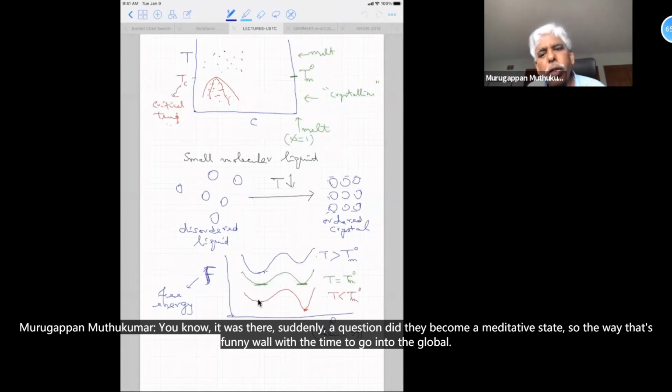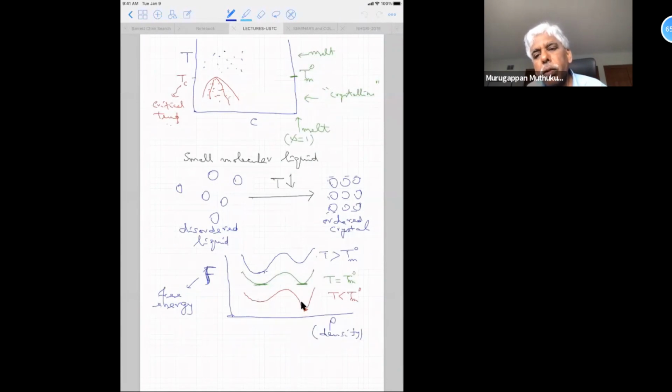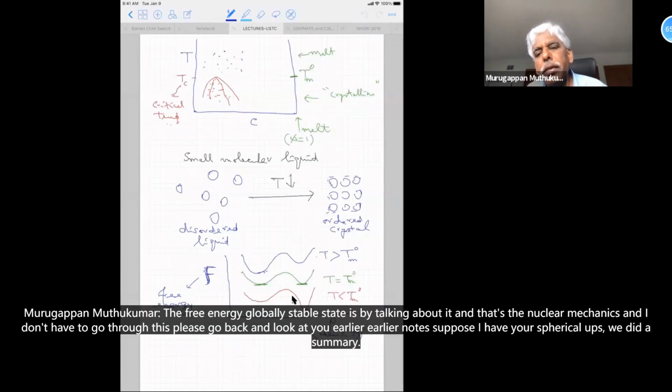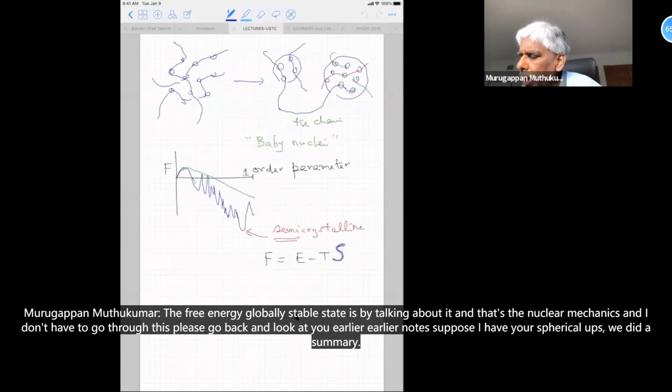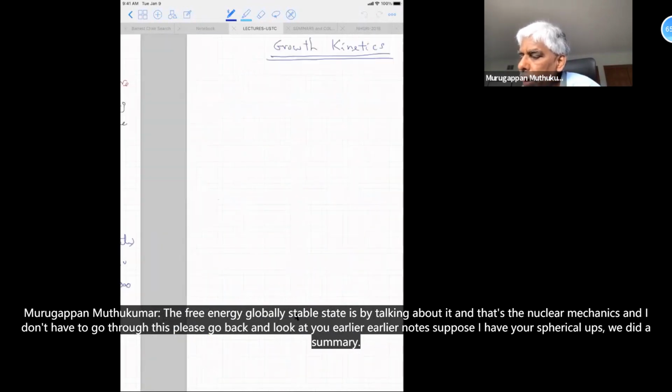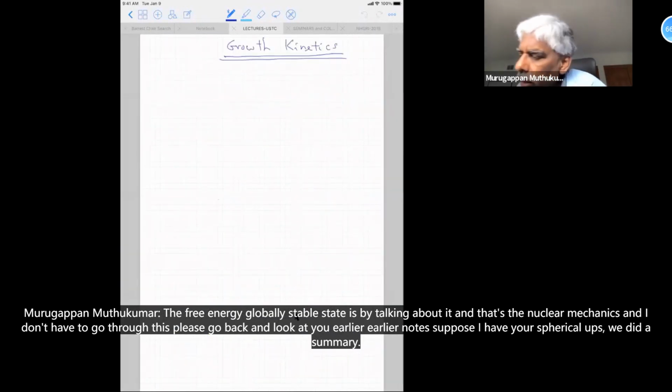So the way it is going to evolve with time to go into the globally stable free energy state is by crossing a barrier. That's a nucleation mechanism. I don't have to go through this; please go back and look at your earlier notes. Suppose I have a spherical nucleus. This is a summary.